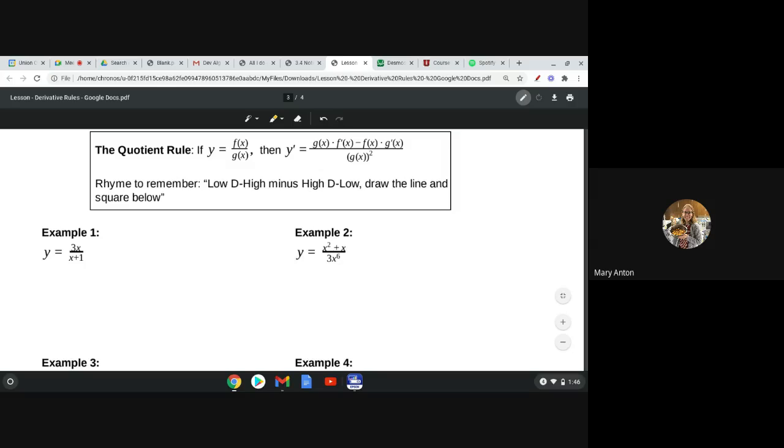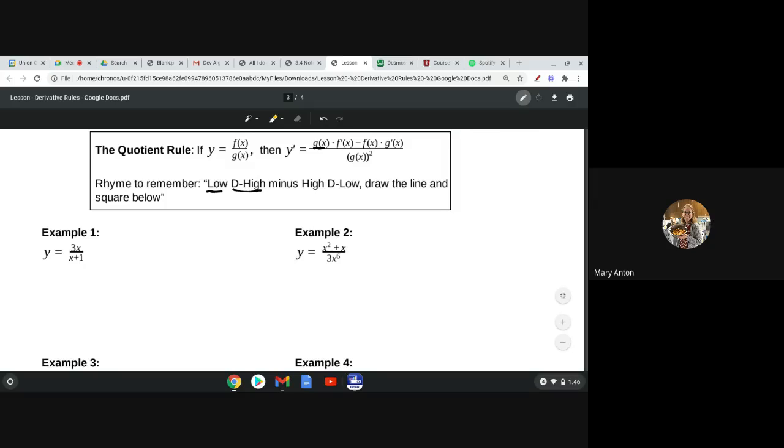And the rhyme to, this one actually does rhyme. The rhyme to remember is low D high minus high D low. Draw the line and square below. So do you understand what low D high means? No? Low means your denominator function, like g of x.